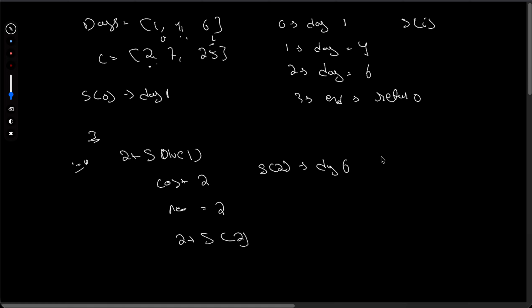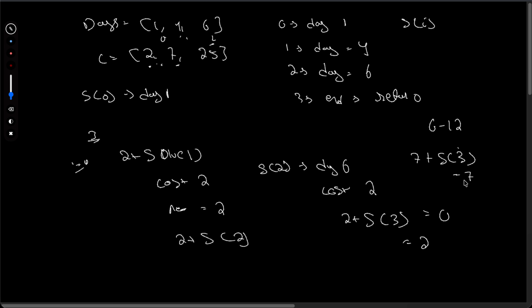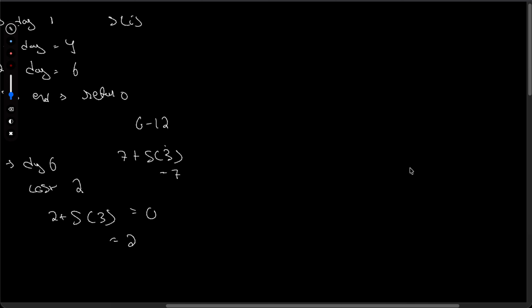Option 1, at day 6 the cost is 2, so 2 plus solve of 3, and solve of 3 is 0, so it is 2. Option 2, at day 6 the 7-day cost is 7, so we cover day 6 to 12, no days left, so 7 plus solve of 3 is 7.